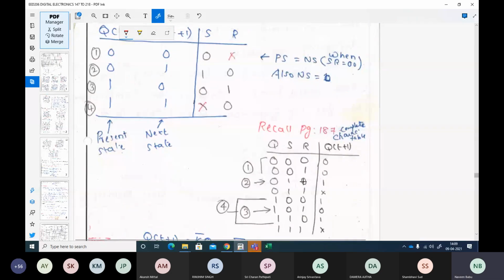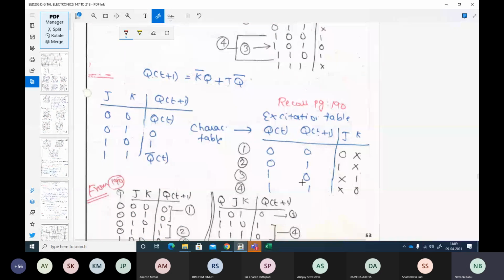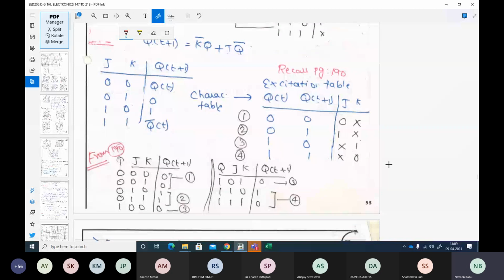This is SR. And yes, I have this JK table. Okay, so I have to fill this. This is my excitation table. So I have to fill from here only.